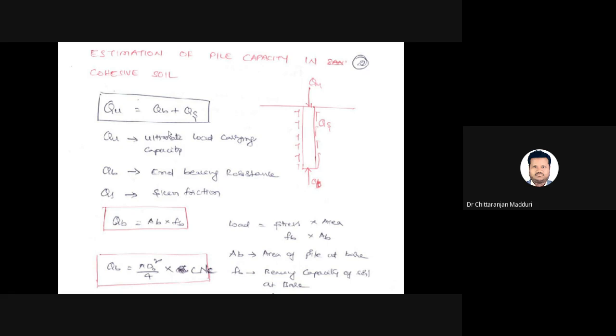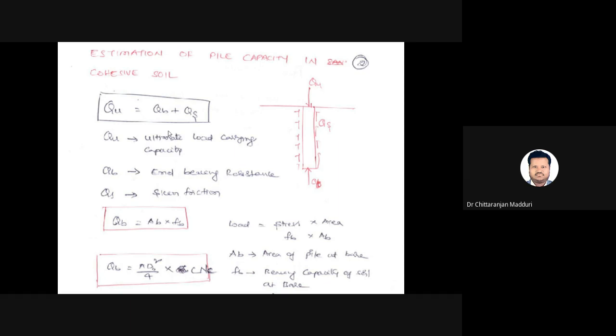So for ultimate capacity, the load applied on the pile is shared by the bottom tip of the pile and also by skin friction between the soil and the pile. The load taken by the bottom tip of the pile, or end bearing resistance, is equal to Ab into fb.